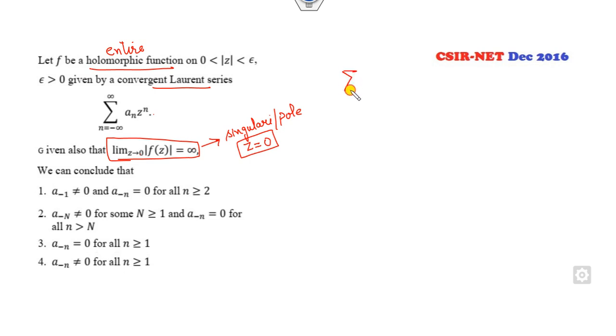It means this series must contain somewhere 1 over z, then only it will go to infinity. Very simple, if I take an as 1 over z, then 1 over z satisfies this property also.